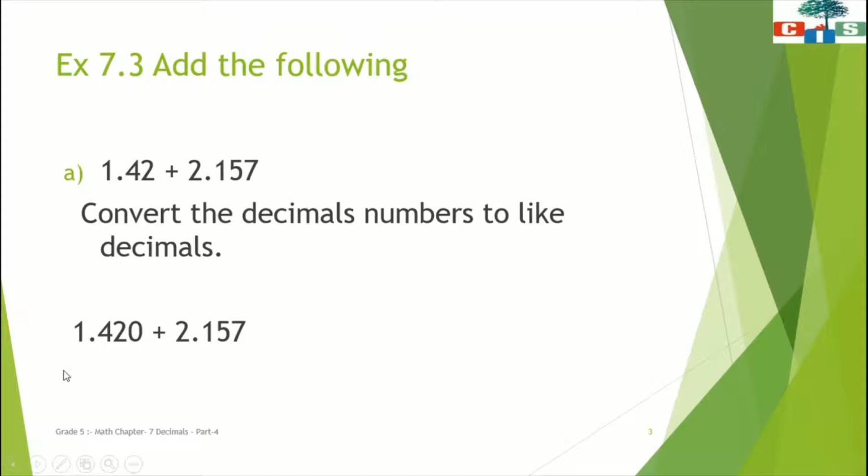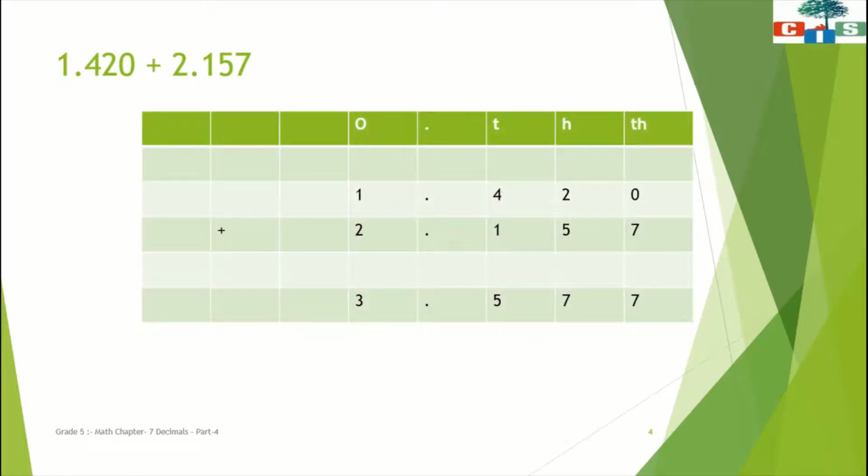So we'll start adding. First of all, scholars, you need to make the decimal place value chart, that is ones, then decimal point, then tenths, hundredths, thousandths. The whole number part has the periods ones, tens and hundreds.